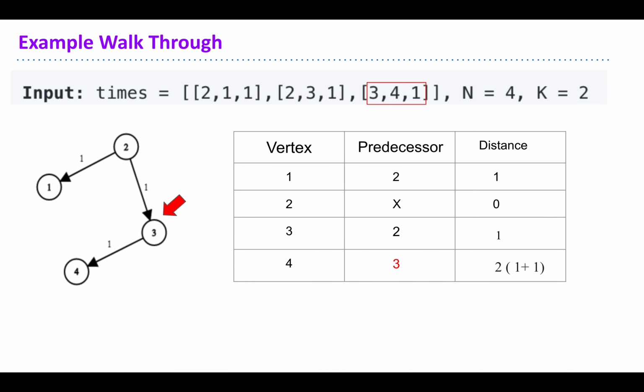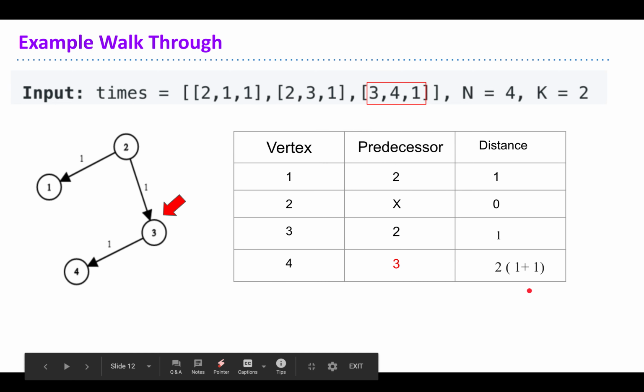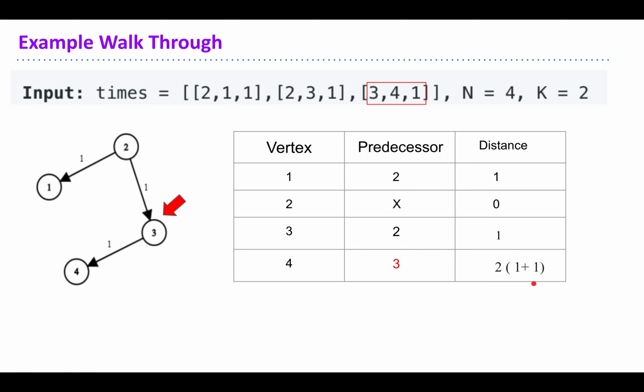But as we have seen in the lecture, if the new distance is greater than the distance that we have seen previously, then we don't want to update it. So this is the general algorithm. That's why you would get 2, which is the time that all the network nodes will receive the signal. So that was a quick example walkthrough. You can come up with other cases, simpler or more complex, that could help you develop your algorithm.